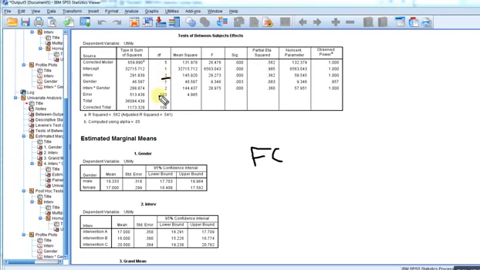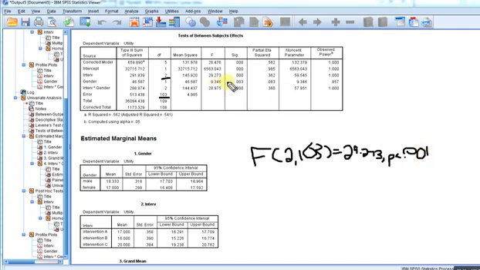So for intervention, the degrees of freedom between are 2, and the degrees of freedom error, or within, is 103. And then they'll give the F value, which is 29.273, and then p is less than 0.001. As I said, it's the way SPSS rounds us off; it looks like it's 0 when in fact it's not really.